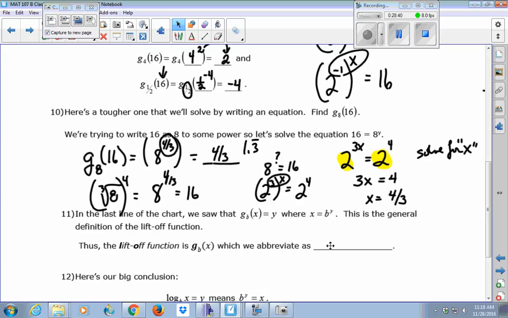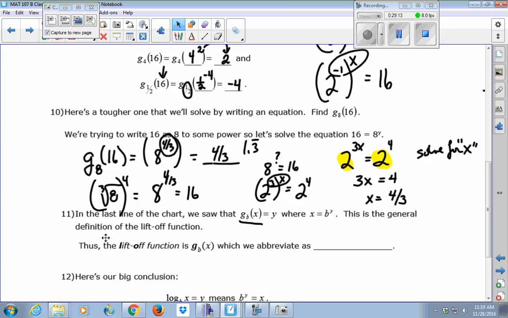We saw that when we have the liftoff function, we're lifting off the exponent from x, whatever x is written as b to some power. When we lift off the exponent, we write that as our answer. What does that mean? It says the same thing as we take this base, b, and write it to this power, and we get our input into our inverse function.